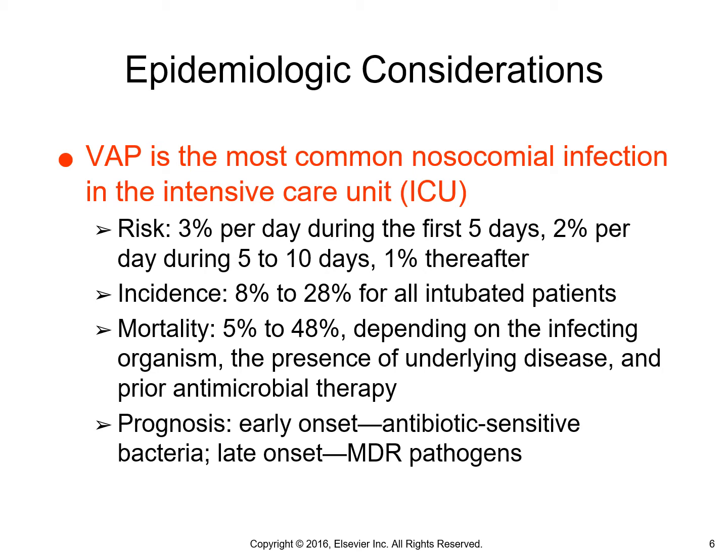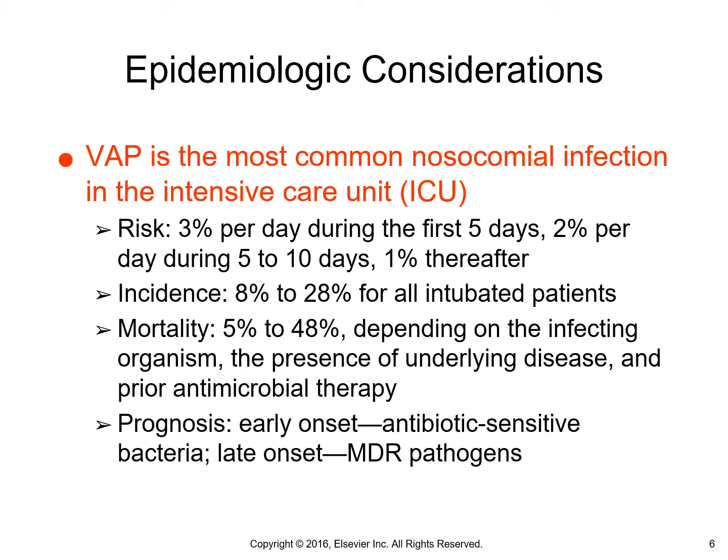Prognosis, if we can treat them early onset, and we can find what antibiotic-sensitive bacteria they have. If it is a late onset, then it's most likely multi-drug resistant, as I mentioned before. So we think about nosocomial infections. Just think for a moment what other nosocomial infections are pretty common in the hospital.